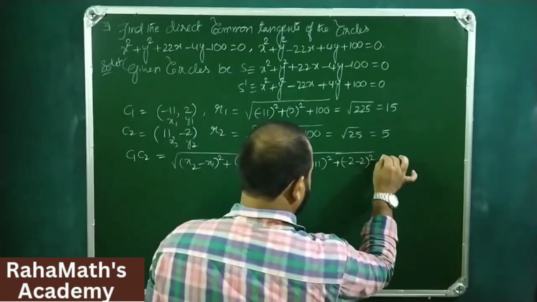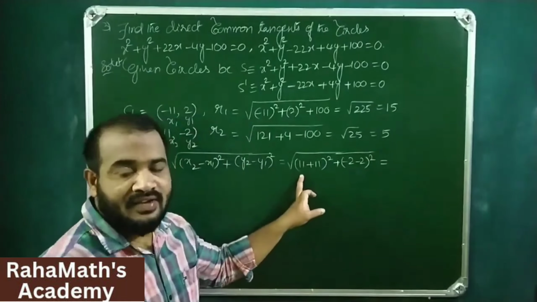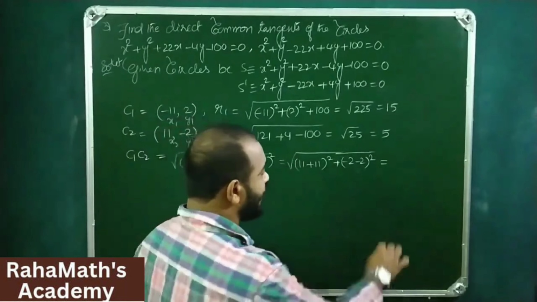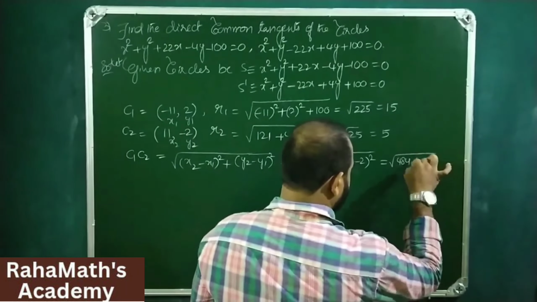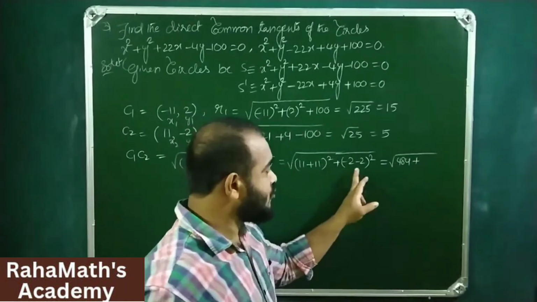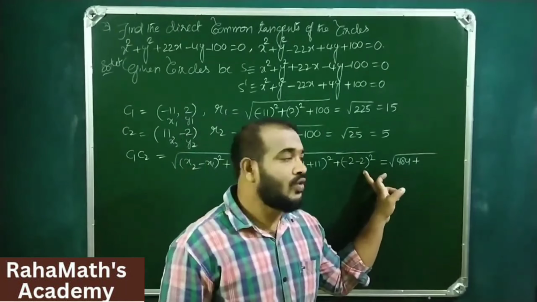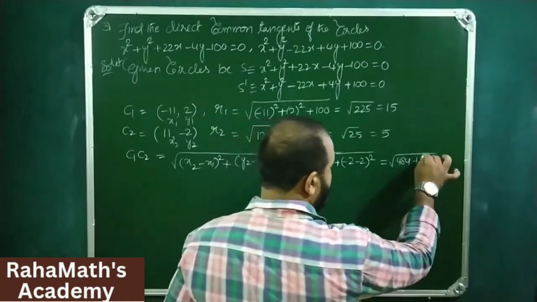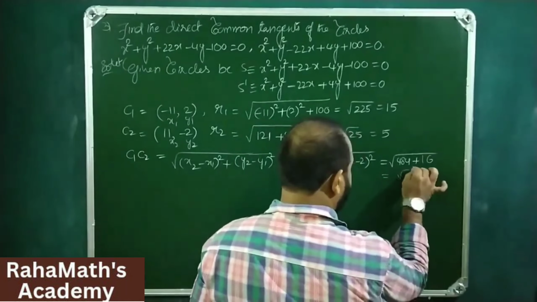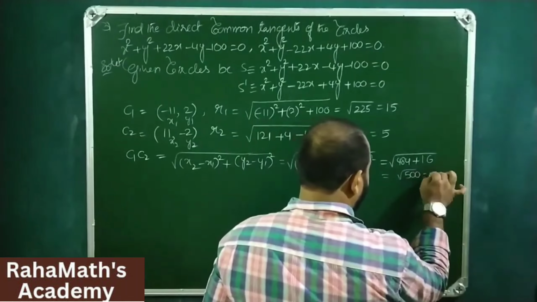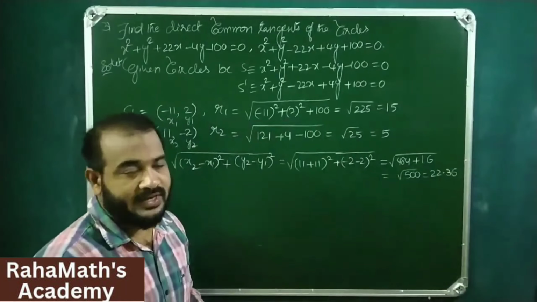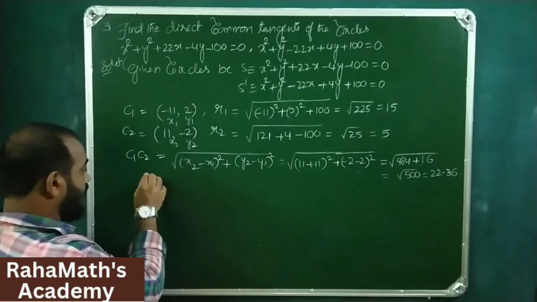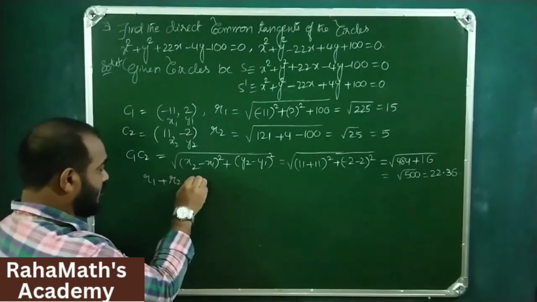This is 22 whole square, which is 484, plus minus 4 whole square, 4 square is 16. So root 500, which is approximately 22.36.